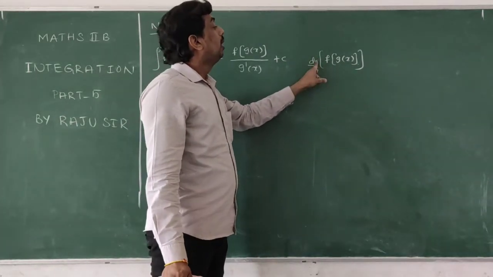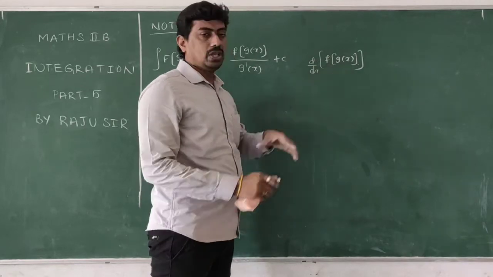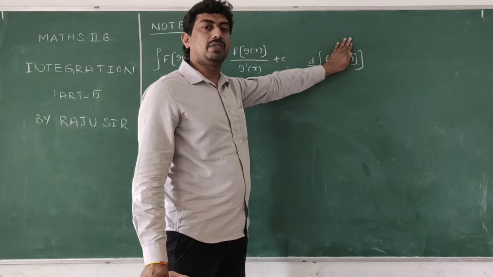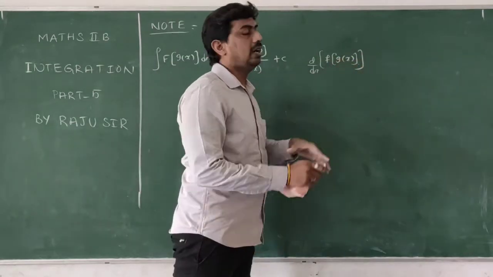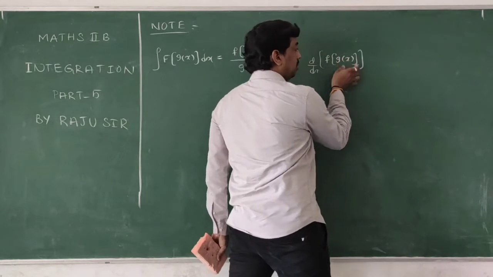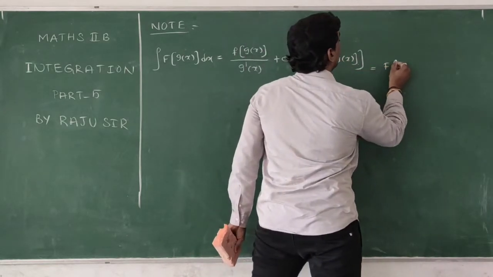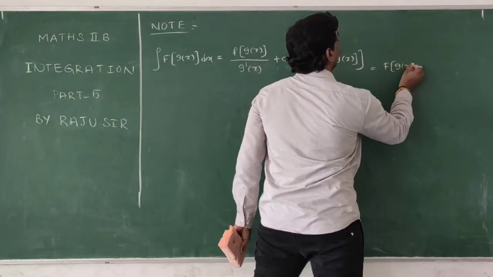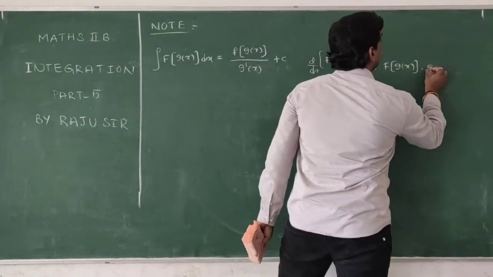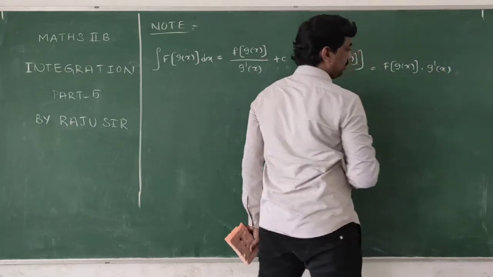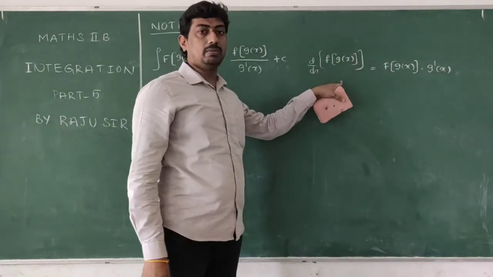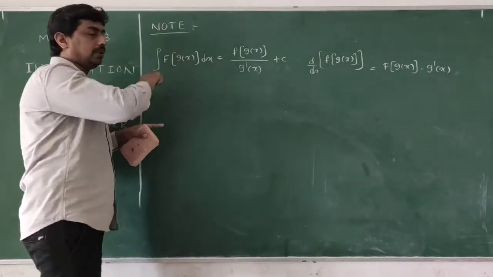Generally, the derivative of capital F of x is small f of x. But here, in terms of g of x, we write small f of g of x into the internal function's derivative, g dash of x. So in this way we complete differentiation, but integration is the reverse process.